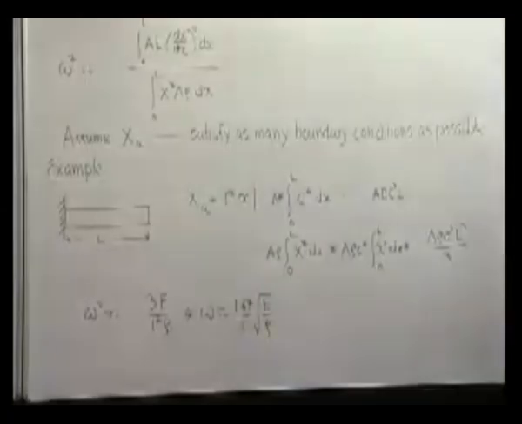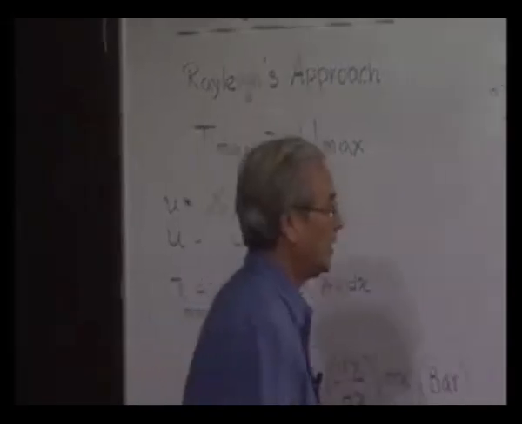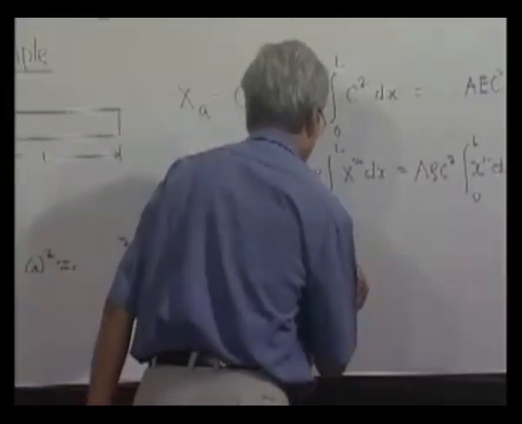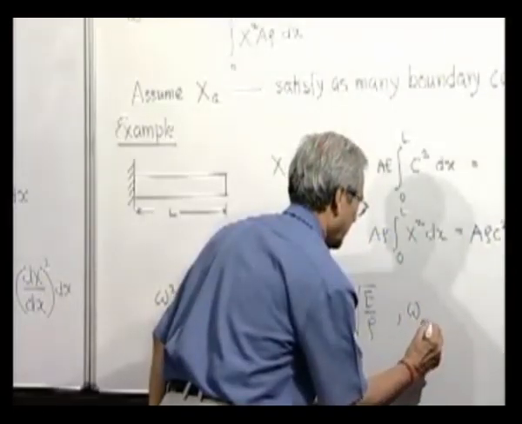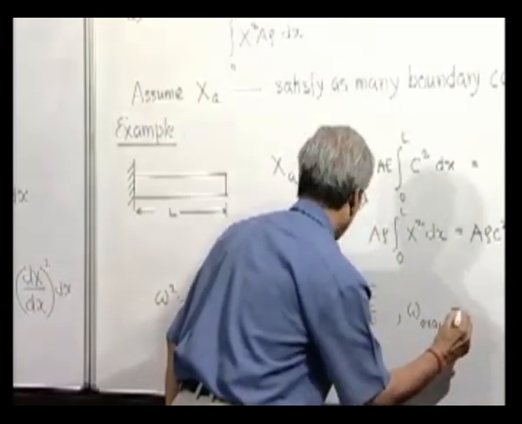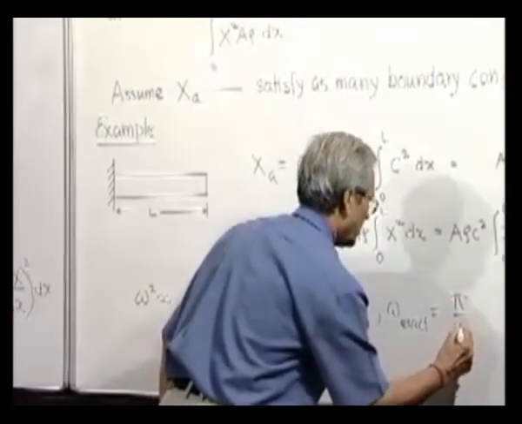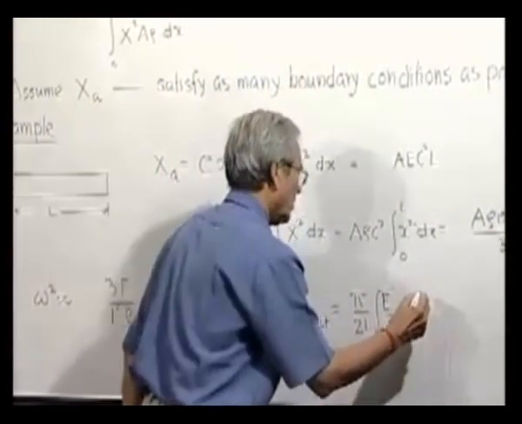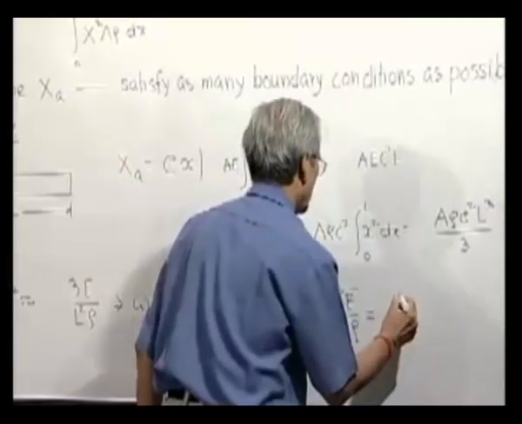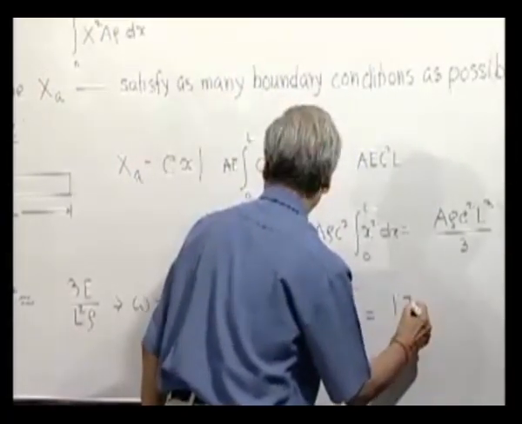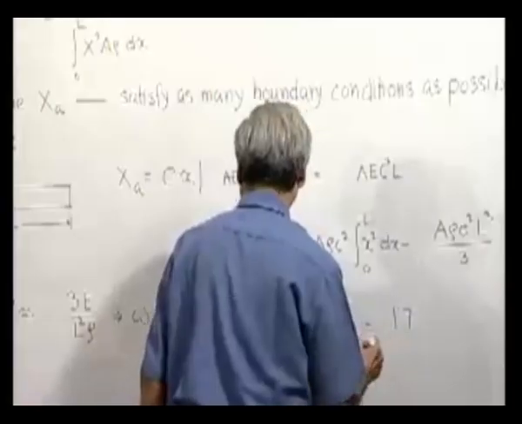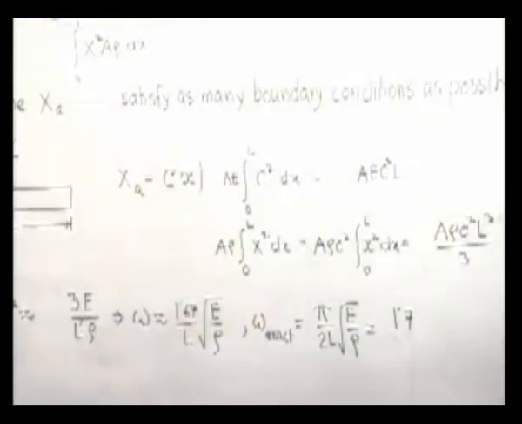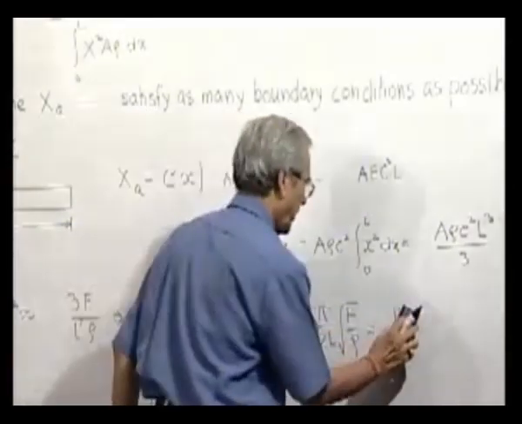If you look at the exact value that we found, we have solved it already, it is equal to pi by 2L square root of E by rho, which is 3.14 divided by 2, that is 1.57.